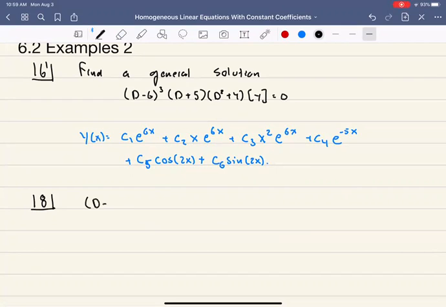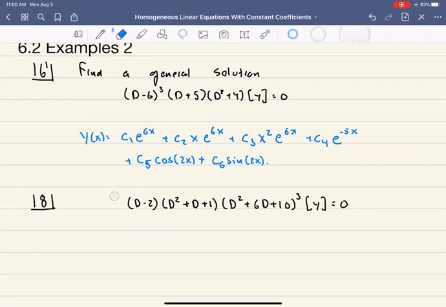So they've got (D - 1)^3, (D - 2), (D^2 + D + 1), (D^2 + 6D + 10)^3 acting on y equals 0. Okay, so let's get rid of this (D - 1)^3 and this (D - 2). You know what that's going to give us.